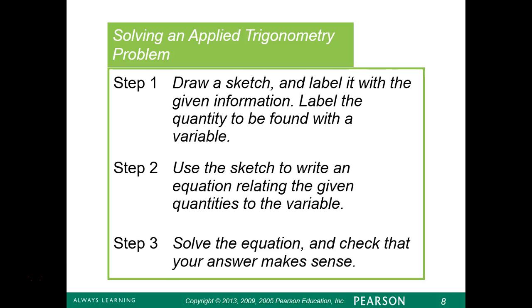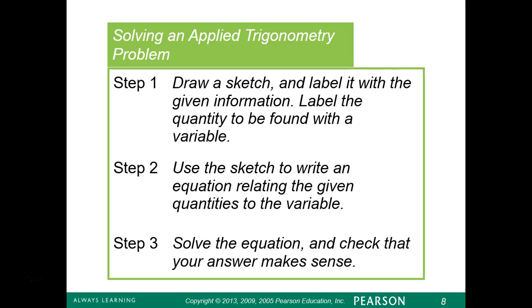So if you're looking for side A and side B, label it that, A and B. And then use your sketch to write an equation relating the given quantities to the variables. So just like I did on one of the slides, it was something like tangent of A is equal to one number over another number, and you found what A is equal to from that equation.